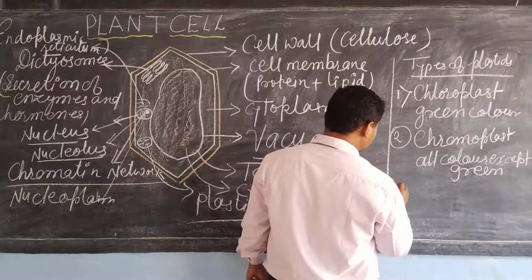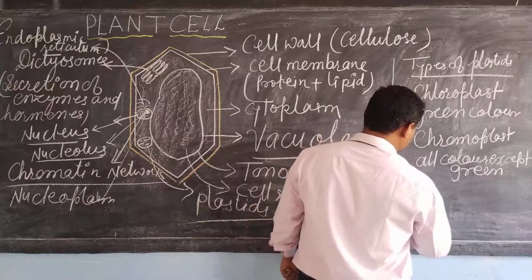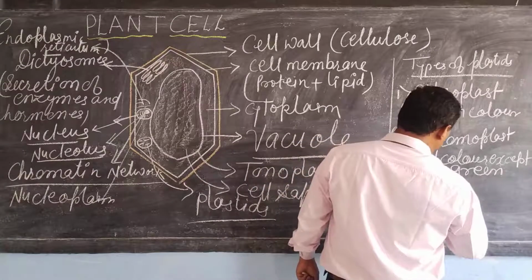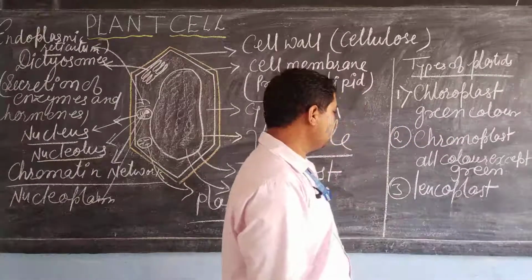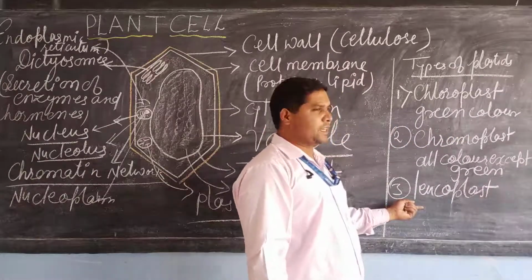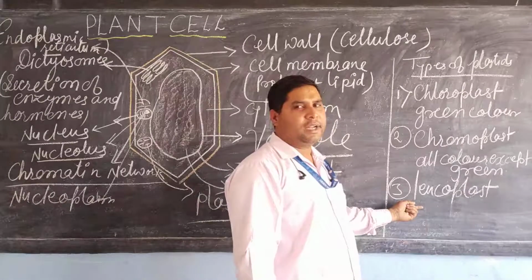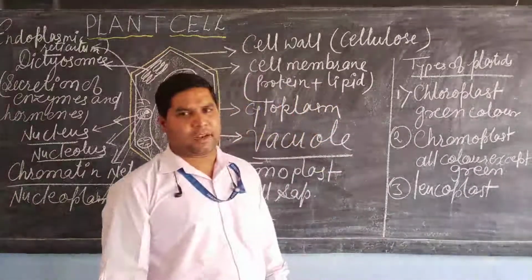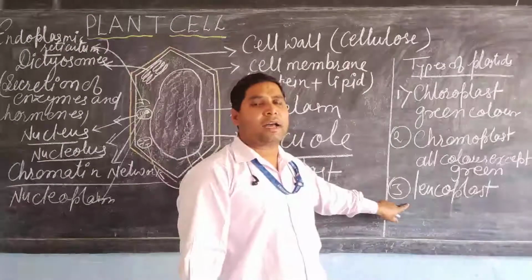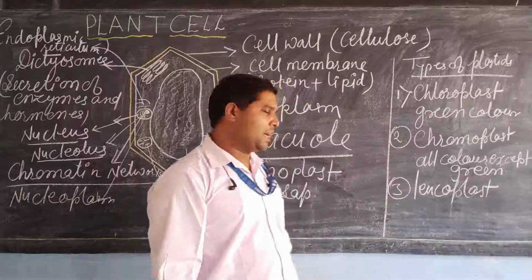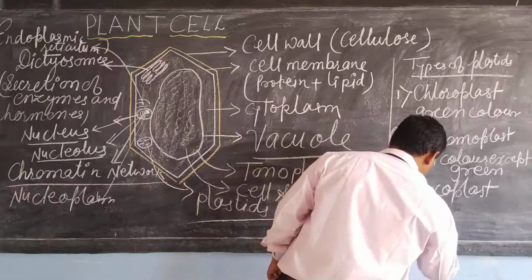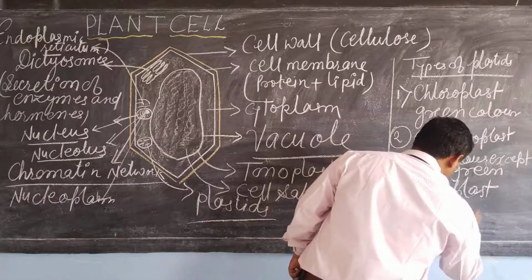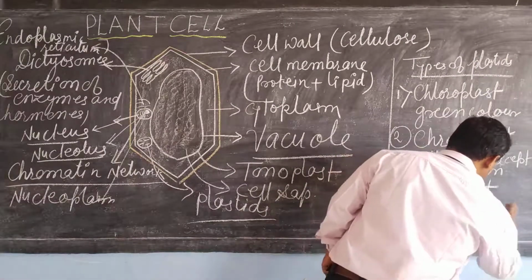Third, leucoplast. It does not give any type of color, it is known as a colorless plastid, and its function is storage of starch.